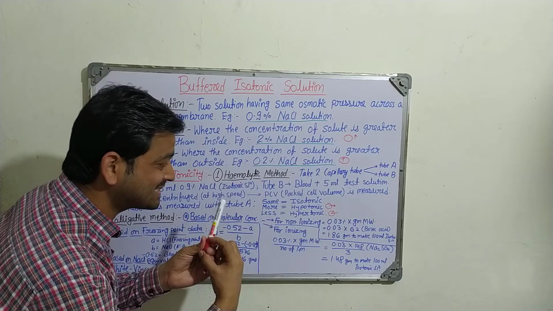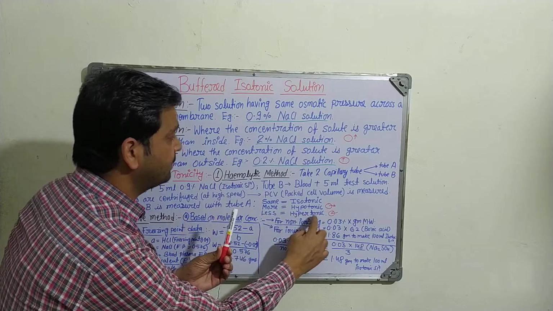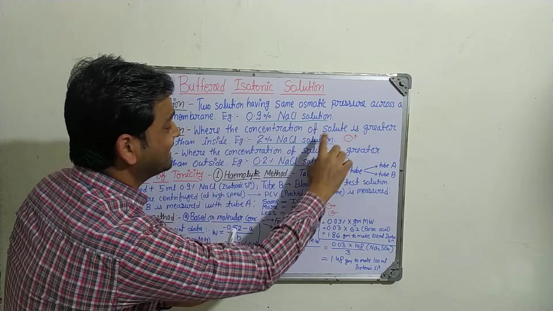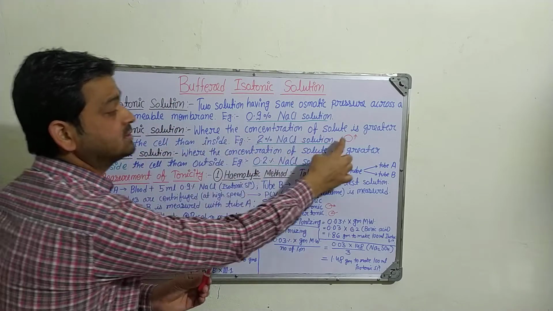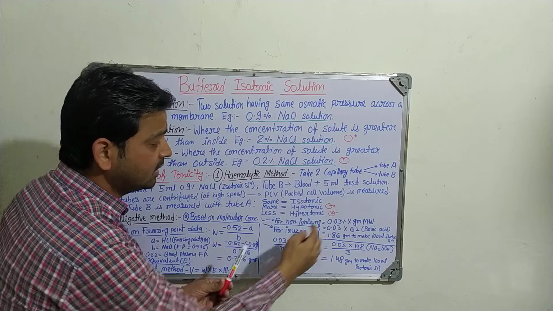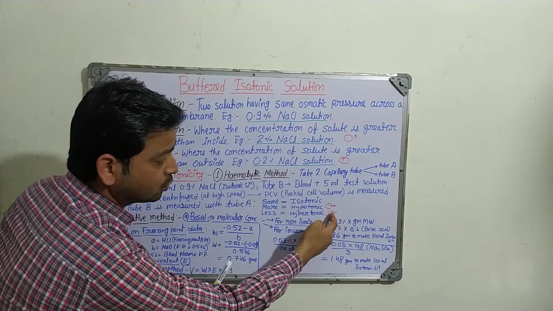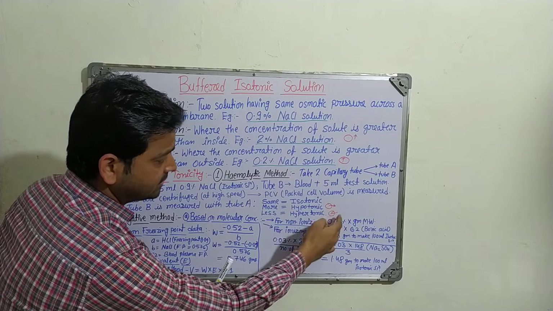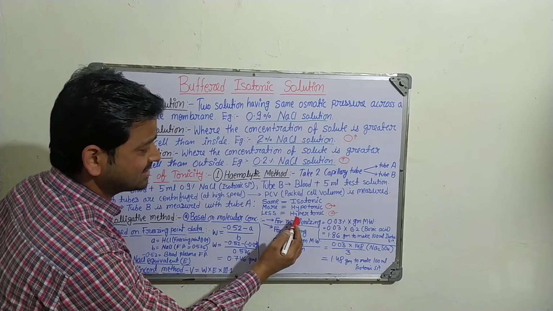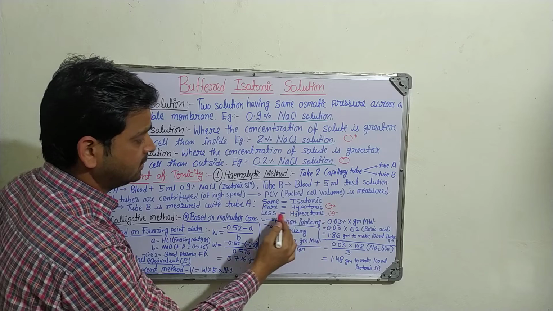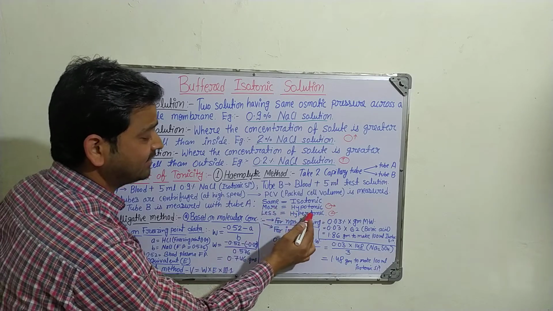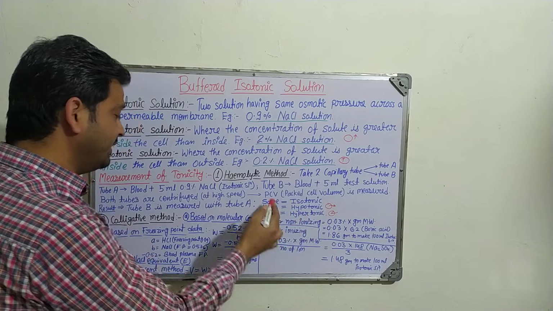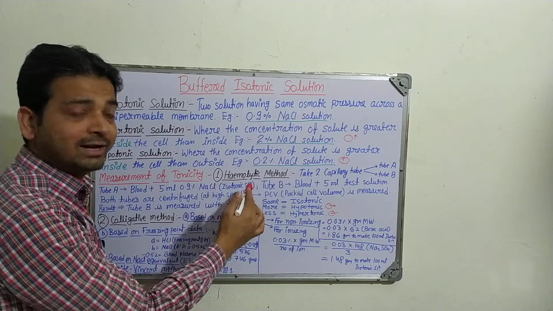Whereas if it is less, it means it is hypertonic, because in the hypertonic case the concentration of solute is greater outside the cell, so it will go inside, which is the osmotic pressure we are considering, and the PCV will be less. That indicates the given test solution is hypertonic, right? In this way we measure under the hemolytic method.